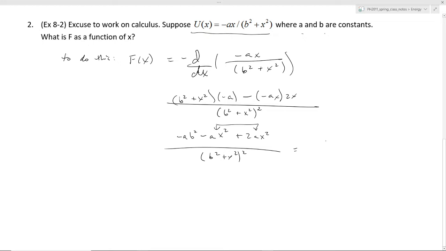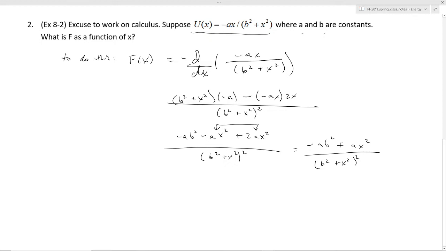So this would be negative ab squared plus ax squared all over b squared plus x squared quantity squared.